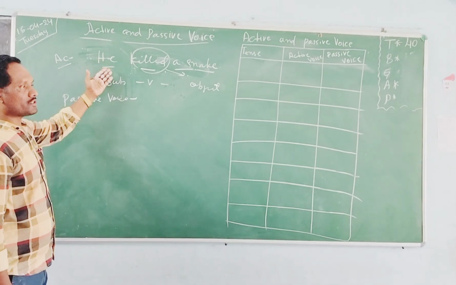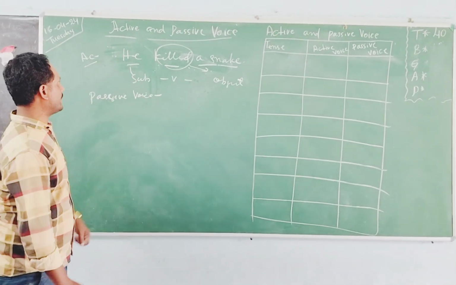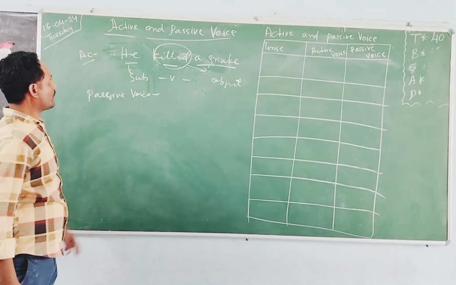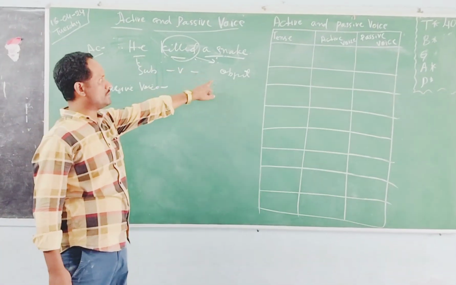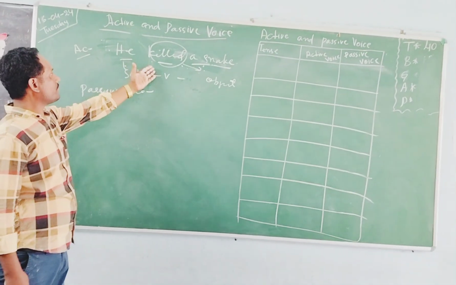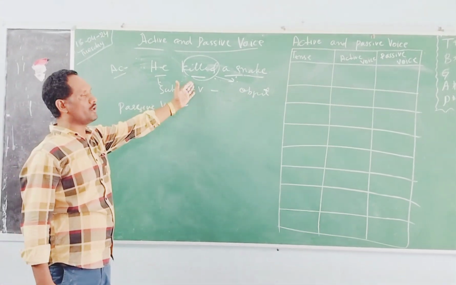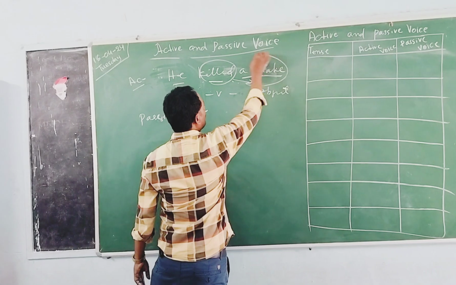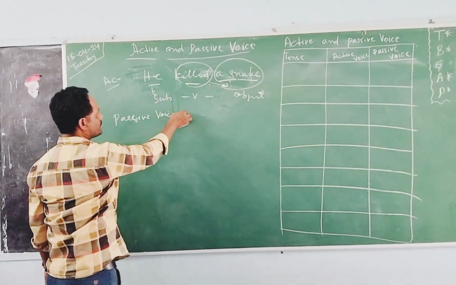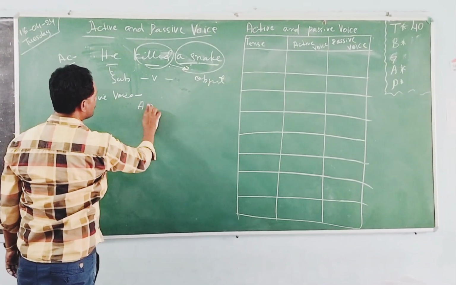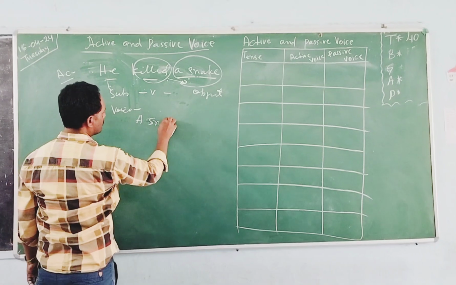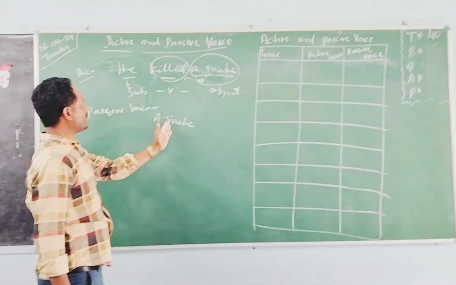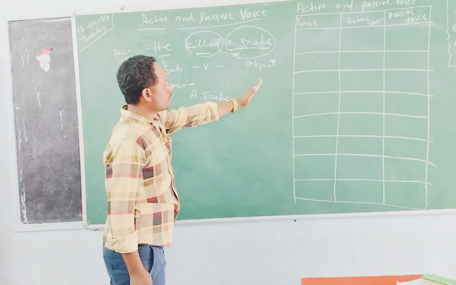With a simple formula: first, the object will come to the subject place, and the subject will go to the object place, and the verb will change into verb 3. So let us take the object to the subject place. A snake. We took the object to the subject place, and the subject will go to the object place.